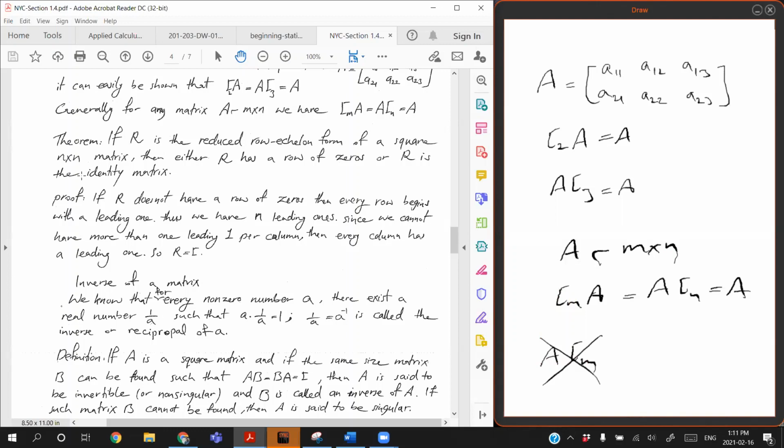You see that? Because look, A is M by N, and I_M is M by M. They're not the same, so this would be undefined. However, this one is defined. This one is also defined. And it's as if you're multiplying by 1. You get A.